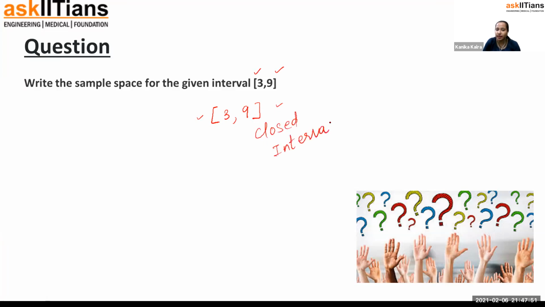Closed interval means that all the values lie between 3 and 9, including 3 and 9. So the sample space for the closed interval 3, 9 would be 3, 4, 5, 6, 7, 8, 9. So all the values are included in this. If it would have been something like this, with round brackets, this is known as an open interval.